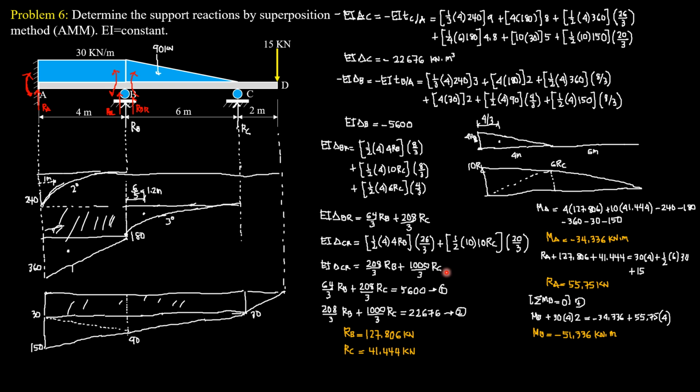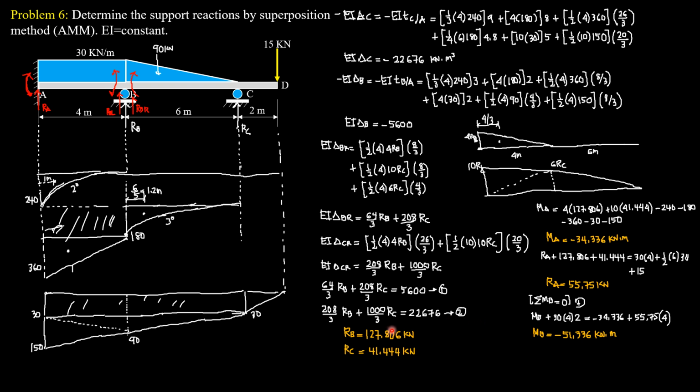So formulating now the equations, EI delta BR is equal to the absolute value of EI delta B, because we transpose EI delta B to the right, it becomes positive. So that's why we have 64/3 RB plus 208/3 R sub C equals 5,600. Call that equation 1.